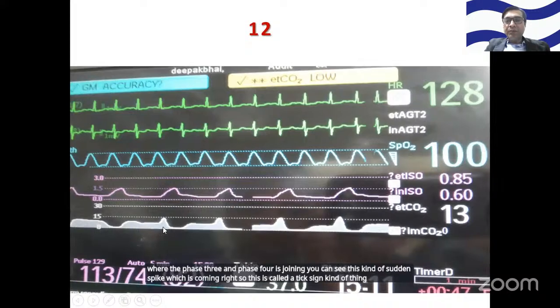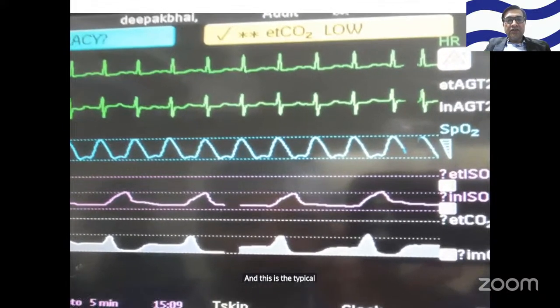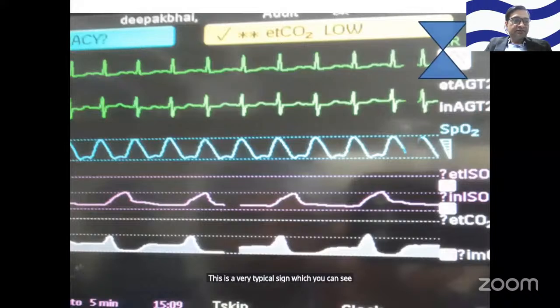And this is typical of, if you can diagnose, a very typical sign which you can see in a certain condition. Any guesses?